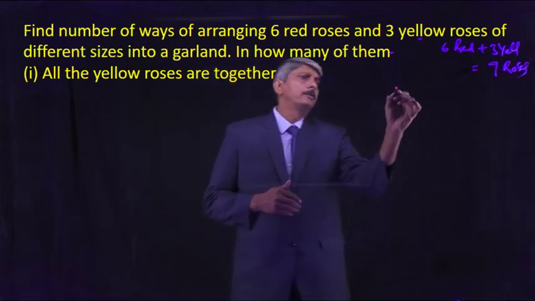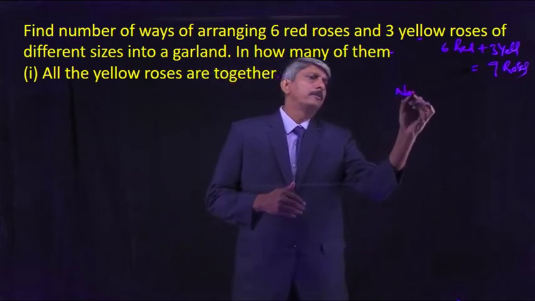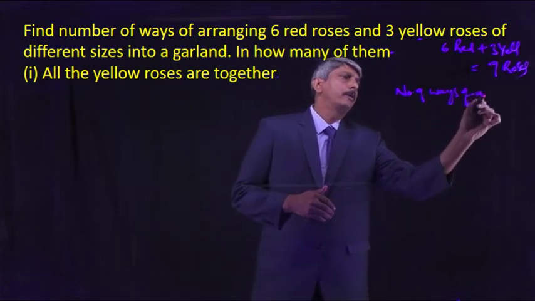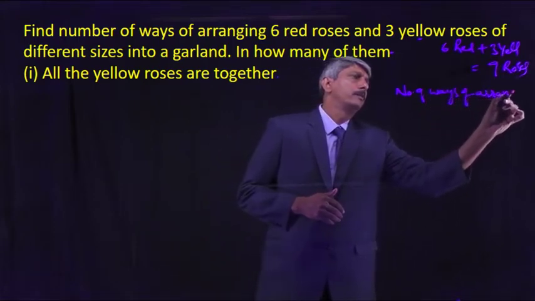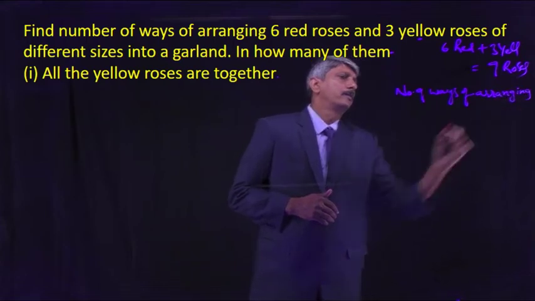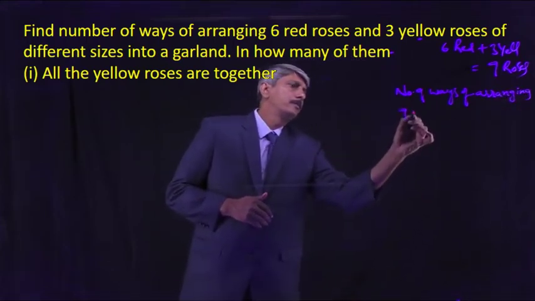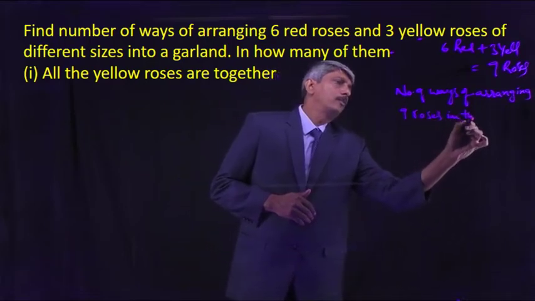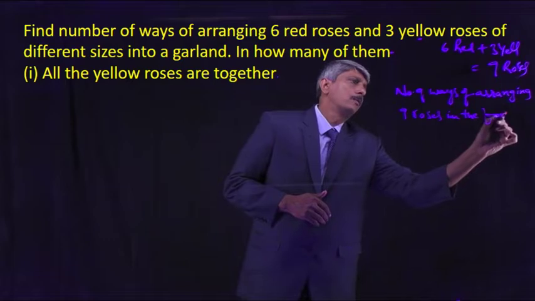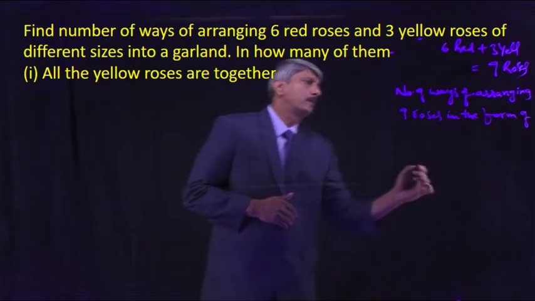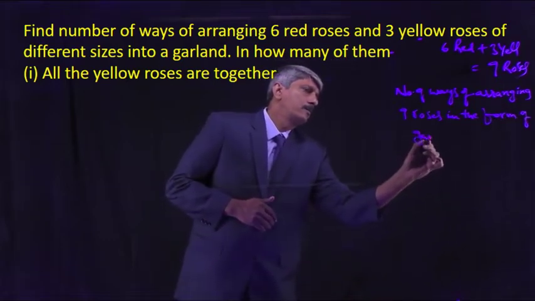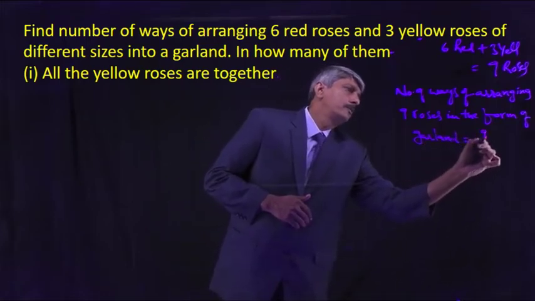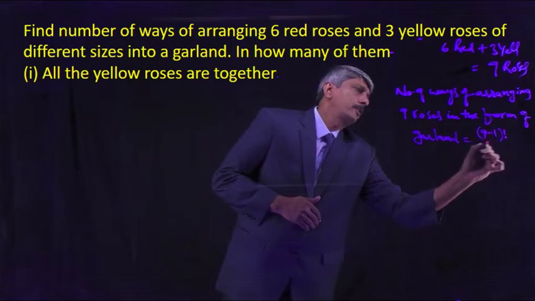Therefore, the number of ways of arranging 9 roses in the form of a garland is equal to 9 minus 1 factorial divided by 2.